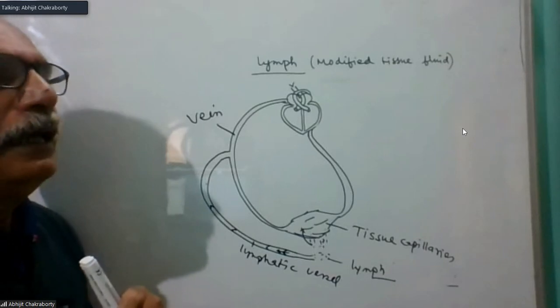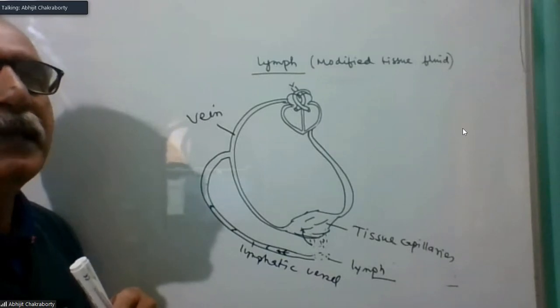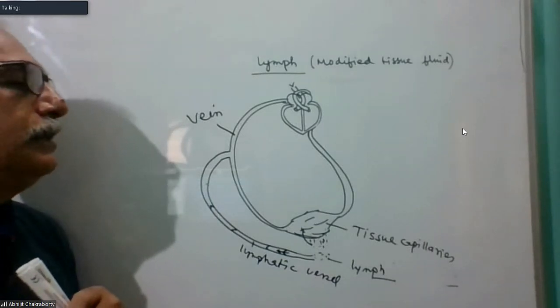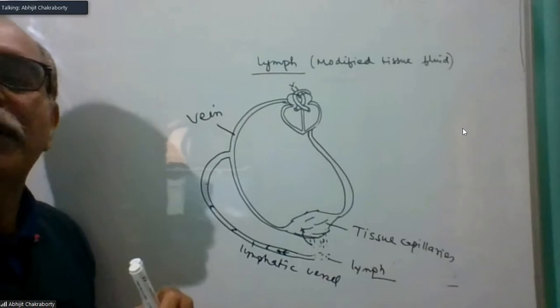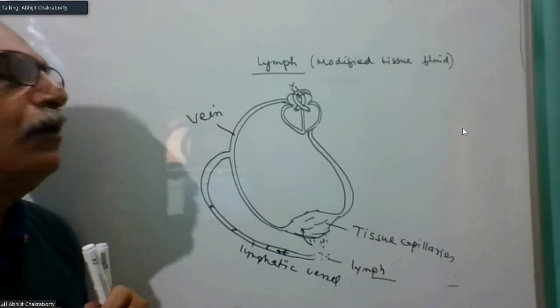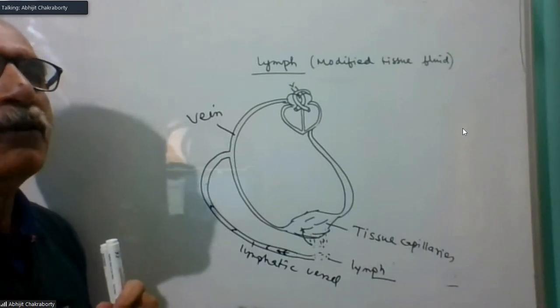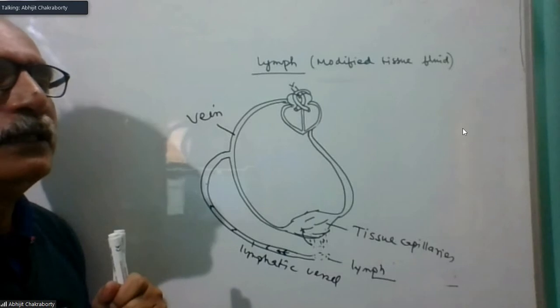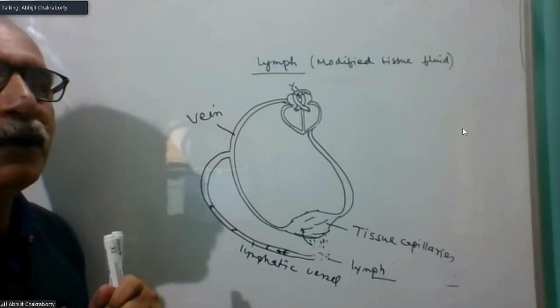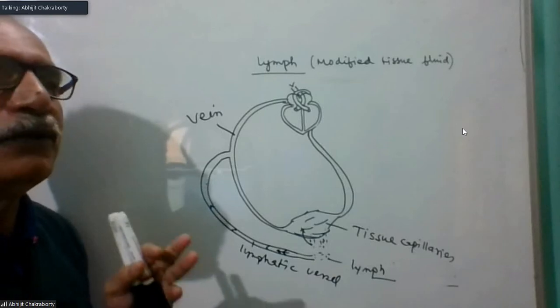It acts as an accessory medium of transport. Basically, remember this, there are some areas in our body where blood can't reach. In those areas, the lymph reaches and carries oxygen and nutrients, and also carries carbon dioxide and excretory products from that area. So this is the basic role of the lymph.